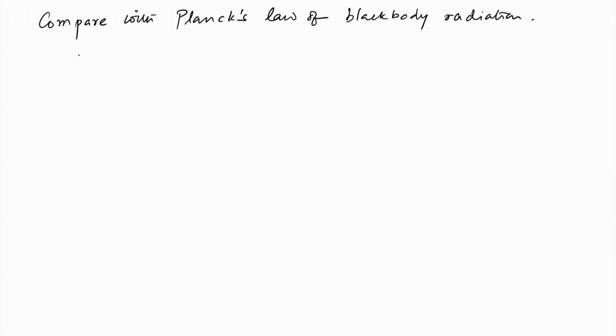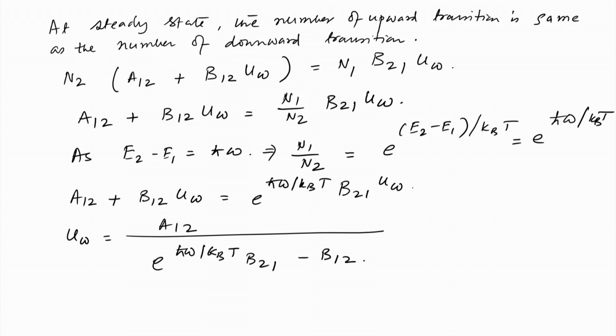And where u omega is given by some constant quantities such as this, and the Bose distribution follows here. So, let us call this 1 and 2.